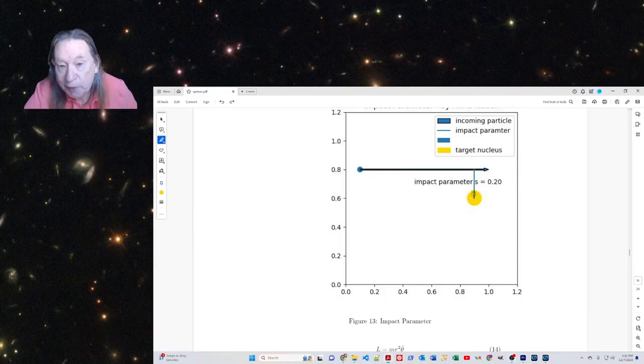Since they're perpendicular, the cross product just gives you the simple multiplication of the two. So the angular momentum at the start of the experiment is the mass times the initial speed times the impact parameter with a minus sign. That's the initial angular momentum, but since it doesn't change with respect to time, that's the angular momentum throughout the experiment.